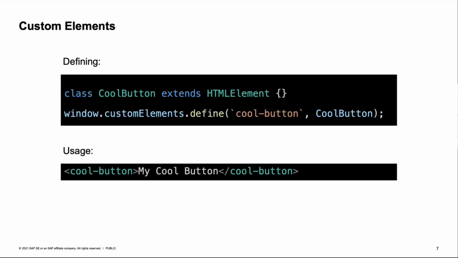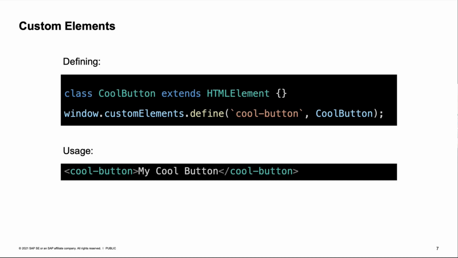So, how do we define a custom element is the first and most important question. Just like any other built-in HTML element like div or span, for example, we will need a class that would be responsible for the behavior of the element. Of course, this class should extend the HTMLElement class that is built into JavaScript.